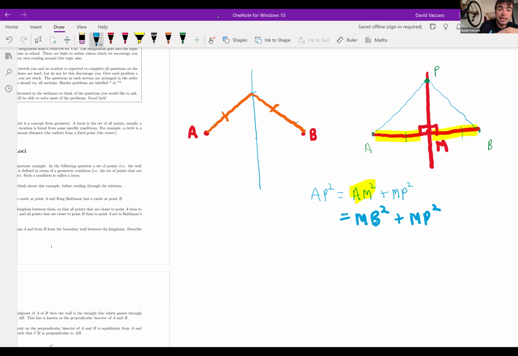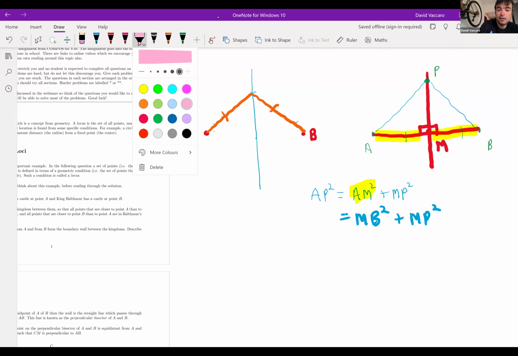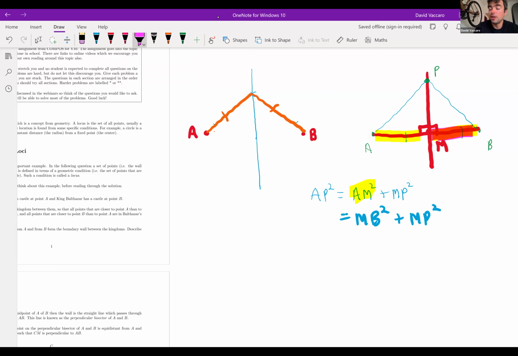Okay, but now if we look at this expression, MB squared is this length over here on the right. MP squared is still the line going up. So again, Pythagoras gives me that this is equal to BP squared.